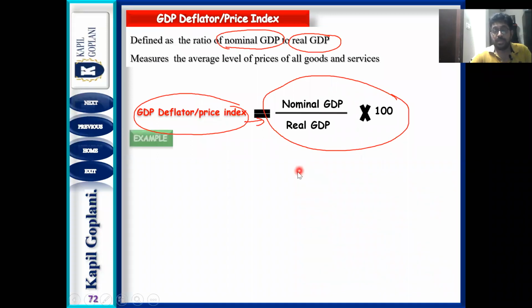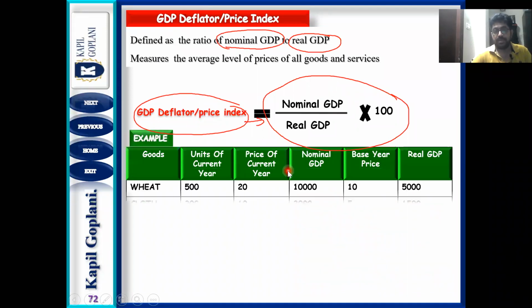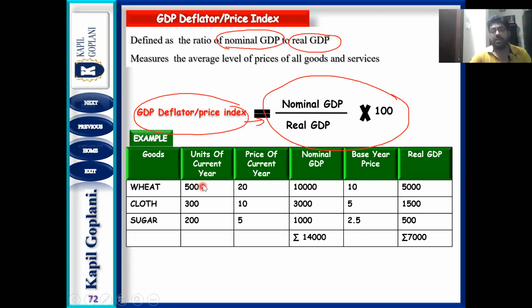What is the change in overall price? Example, let us see. Again, we have wheat 500, 300, 200, that are units. That is the price. We have already done 20, 10, and 5. Now, nominal GDP, in the last example, I told you how to calculate. Similarly, the base and the real GDP on the basis of base year price.